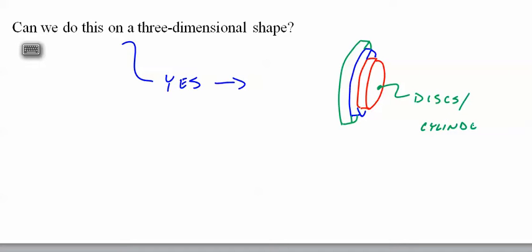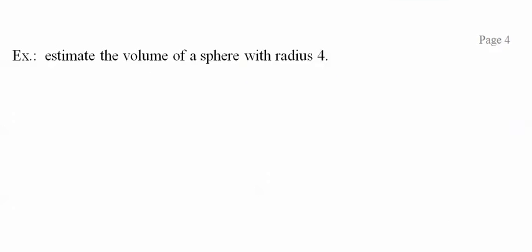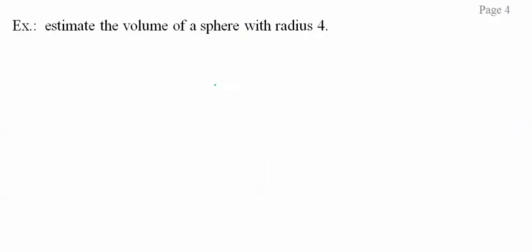We can do the exact same thing here and take a volume of a sphere with radius 4, and I'm just going to get a cross section. The cross section is y equals square root 16 minus x squared, which would actually be plus or minus, but we're just going to do the top side.